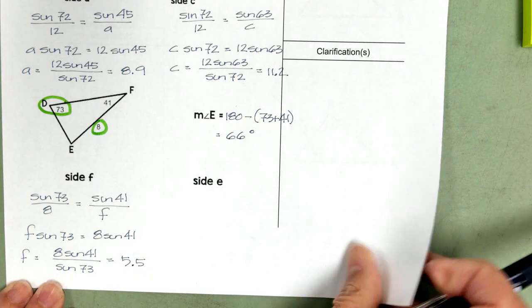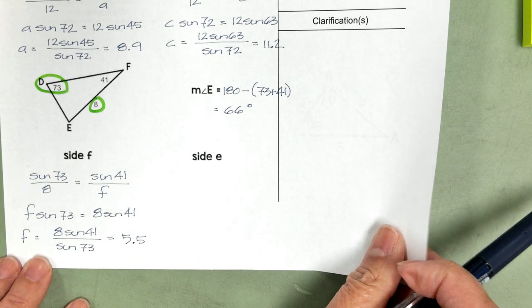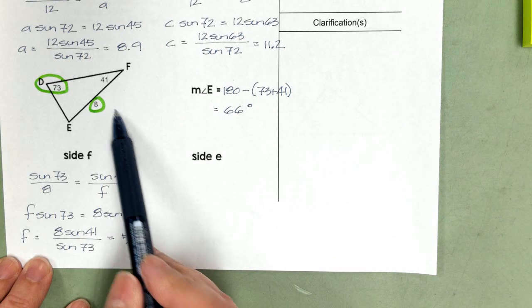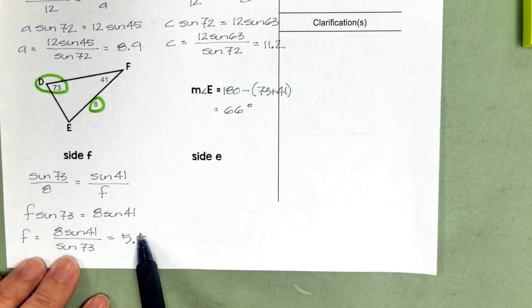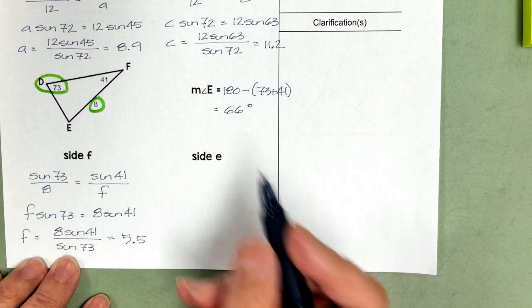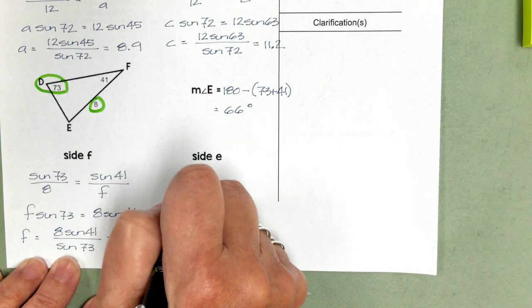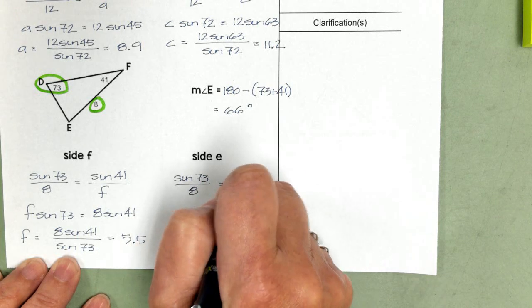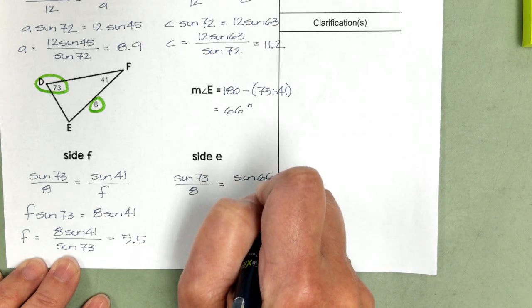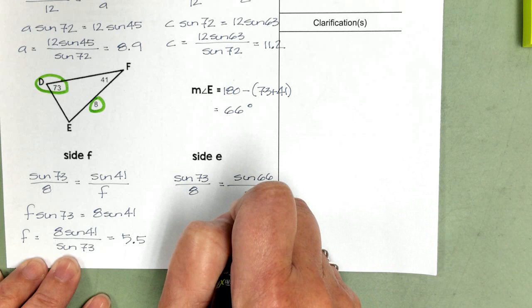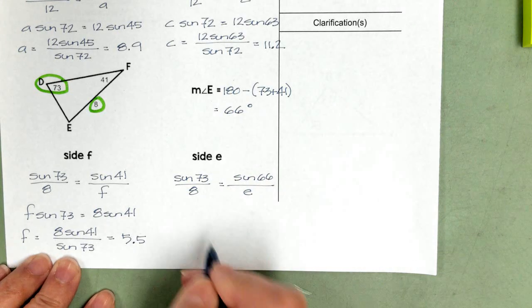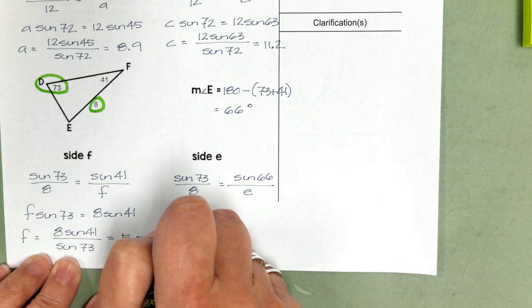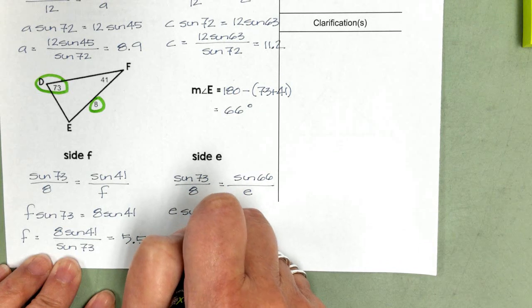So the length of e should be somewhere between 8 and 5.5. Again, we go back to our full ratio. Sine of 73 over 8 is now going to be set equal to sine of 66 over side e. We cross multiply.